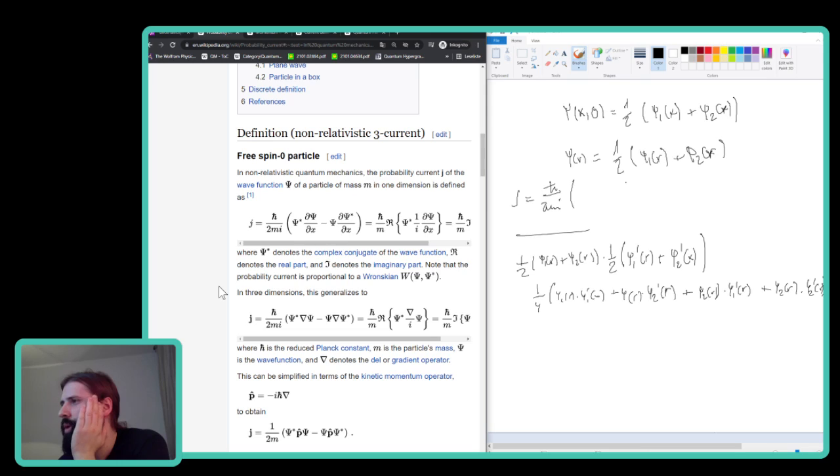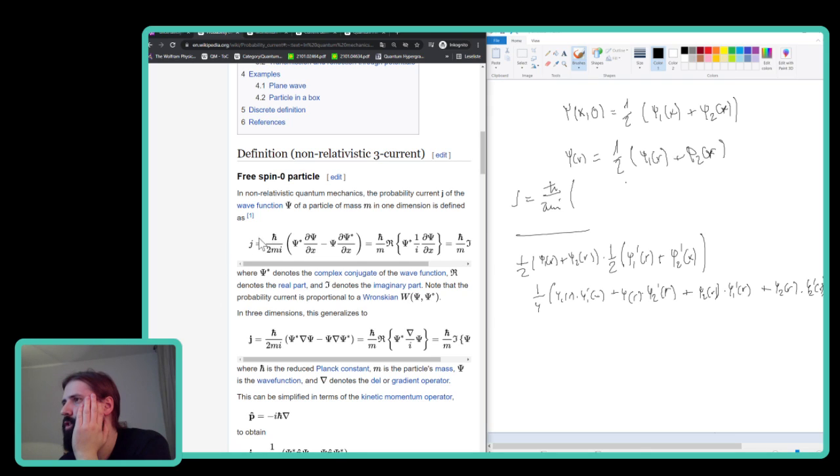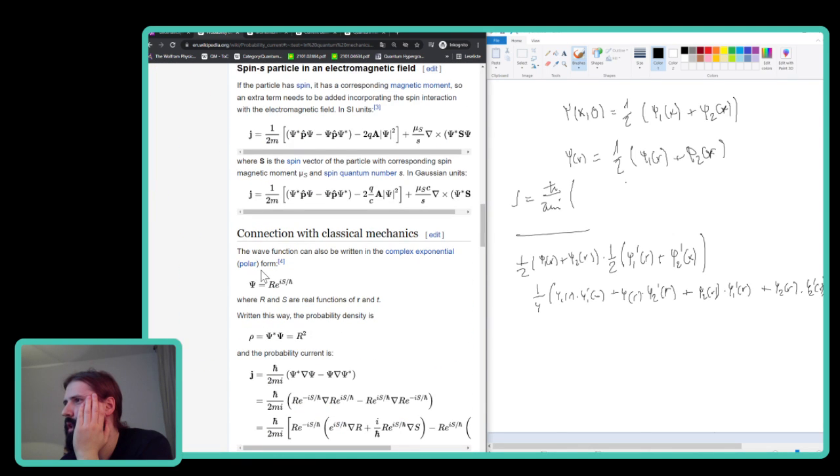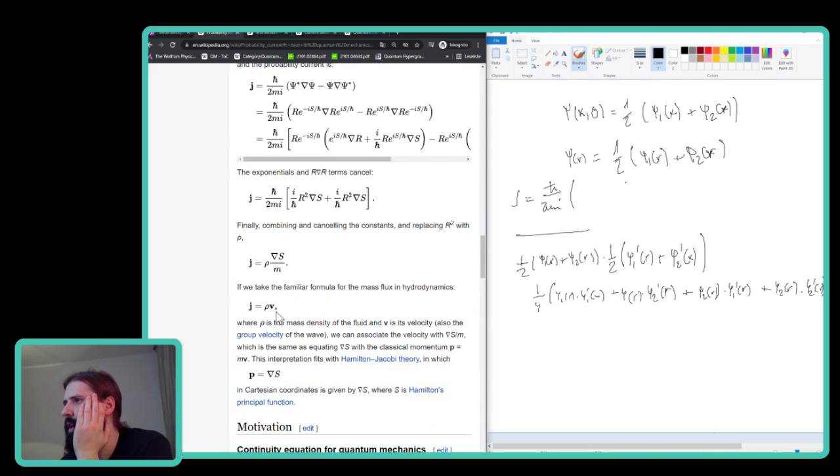Why is that? Let's assume that the first component is somewhere associated with the mass, right? Because in the classical sense, the mass flux is the mass density of the fluid and then the velocity.